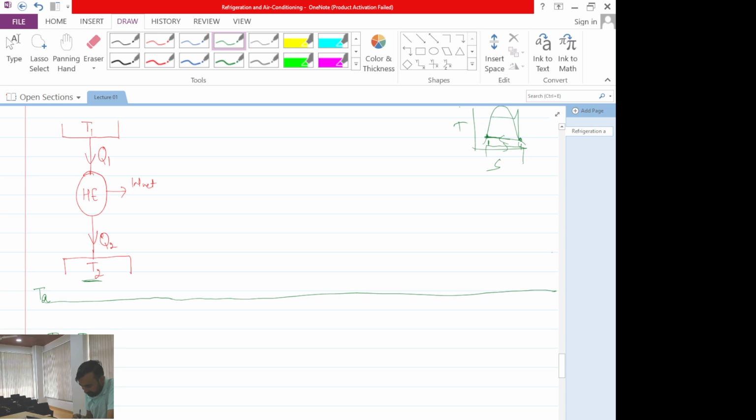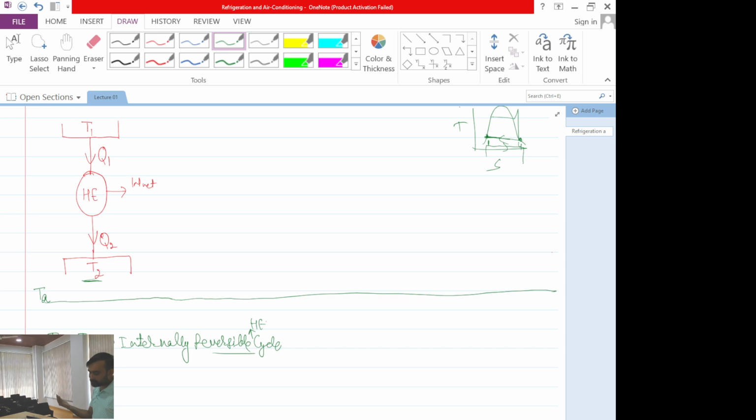So it means that if T2 is greater than TA, then it is possible for an internally reversible process. So it will be possible for an internally reversible heat engine cycle. But if you have to take that totally reversible heat engine cycle, then the process has to be externally also reversible.